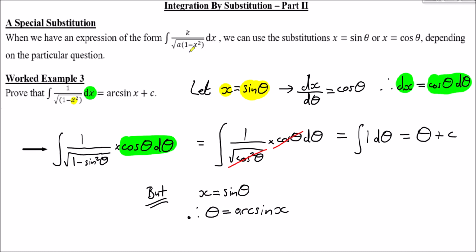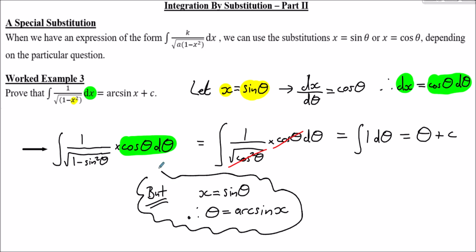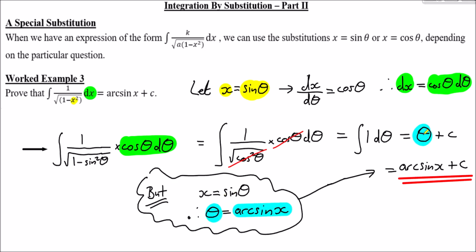So now, using this, we can just put it back in terms of x. So this here becomes arc sine x and plus c is just, of course, plus c. Just using this idea that again, go back to theta, we need to take arc sine. So theta is arc sine x.